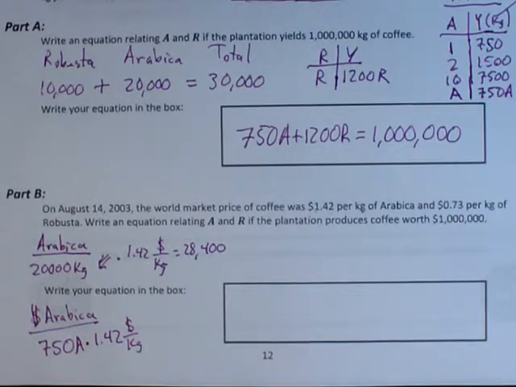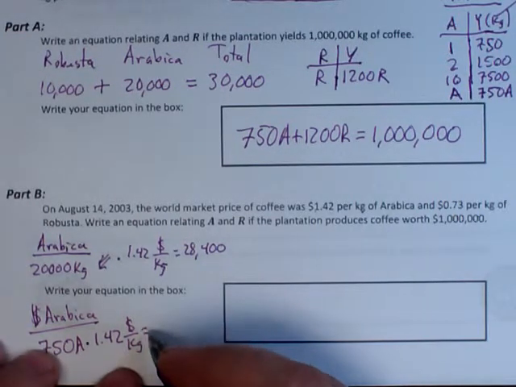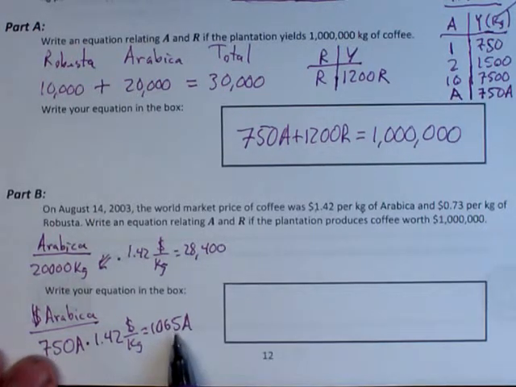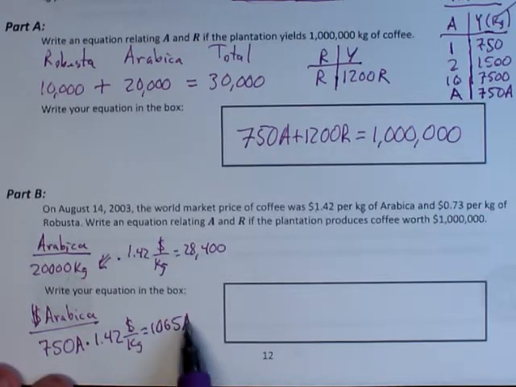Okay, so I'm just going to find out what that is. I'm going to do the 750 times the 1.42, and I get 1,065A. So this is the dollars that they get for Arabica.